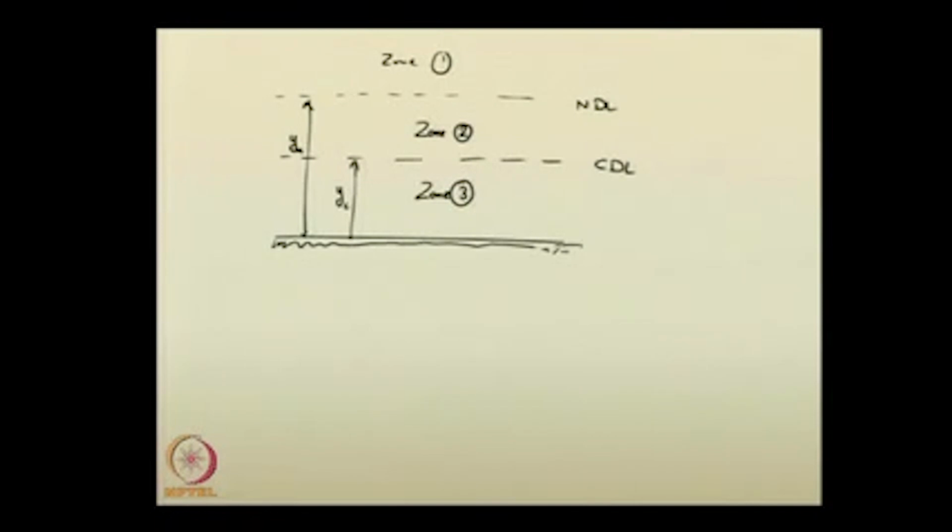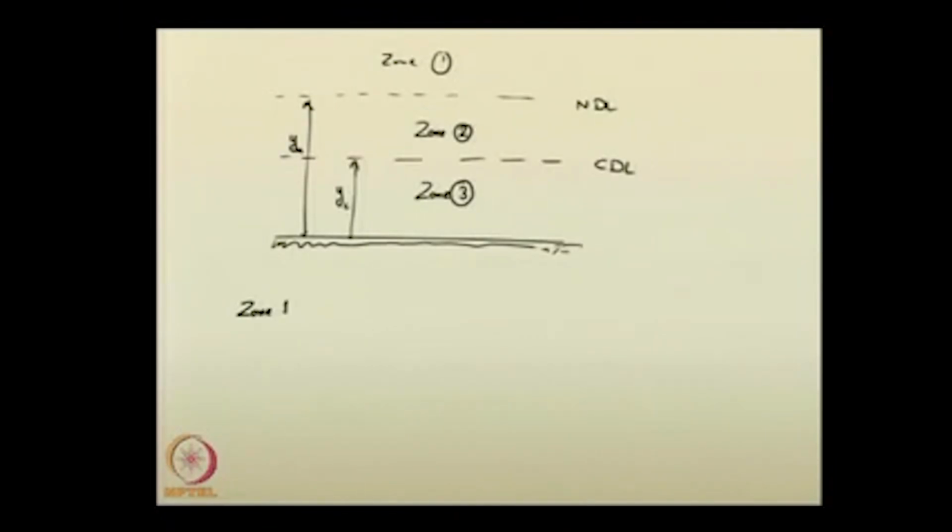Now, based on these 3 zones, I will just write it for your benefit here. Zone 1: space above the topmost line.